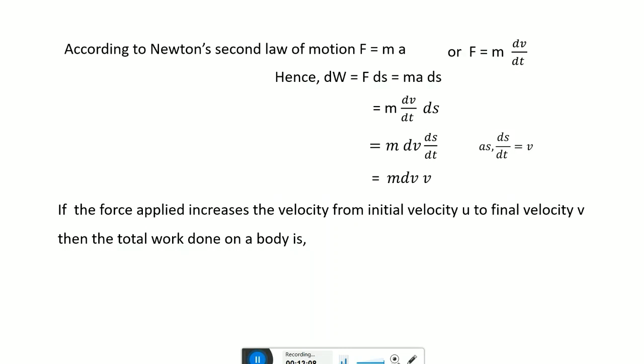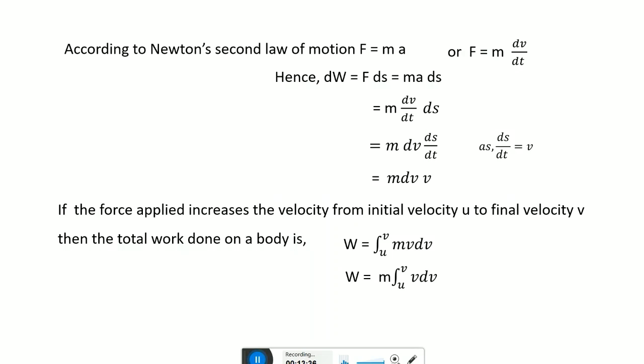If the force applied increases the velocity from initial velocity u to final velocity v, then the total work done on a body is W is equal to integration of u to v m v into dv. Means integrate above equation.